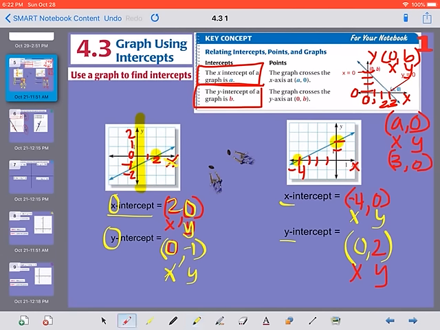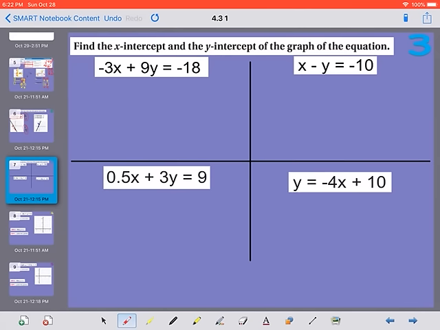So we're at 0 and then 2 to the right. So x is 2, 0. So when we're looking for our x-intercept, y is really going to be 0. So we're going to plug a 0 in for y and figure out where we cross the x-axis.